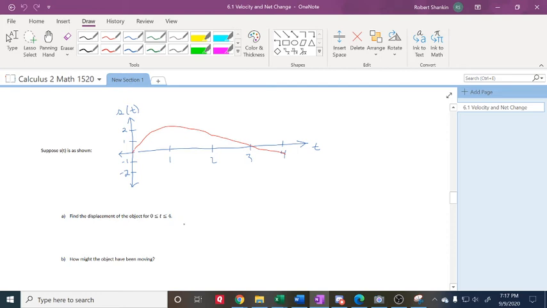With the same function that you put, the end point minus initial point, which is -1 minus 0, which is -1. All right, I agree. Looks good. All right, now, how might the object have been moving, Jerry?